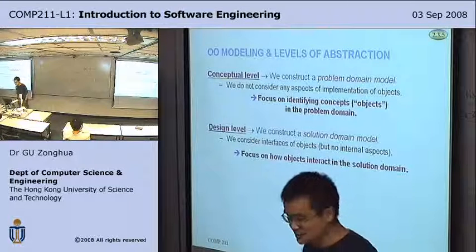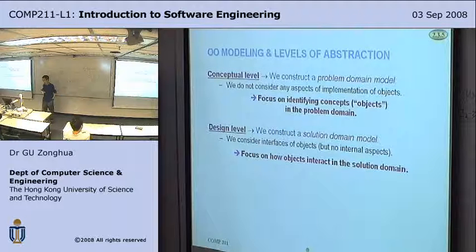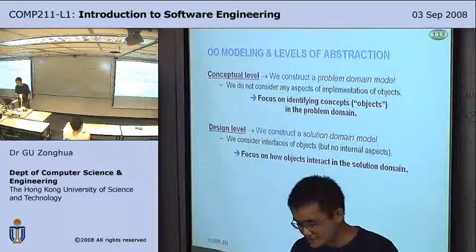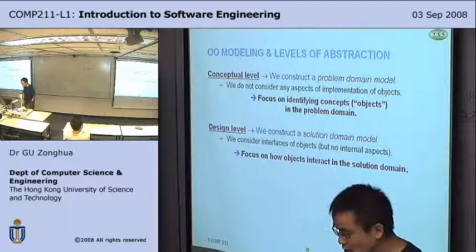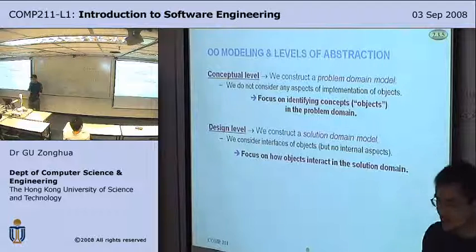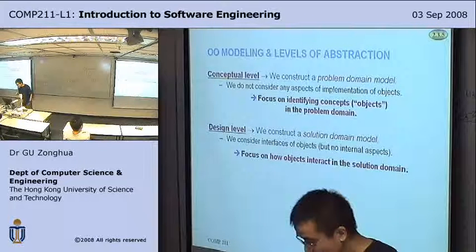For example, the course object must provide a register method as its interface. But you don't specify how this method is actually implemented behind the interface. That's for the next stage.